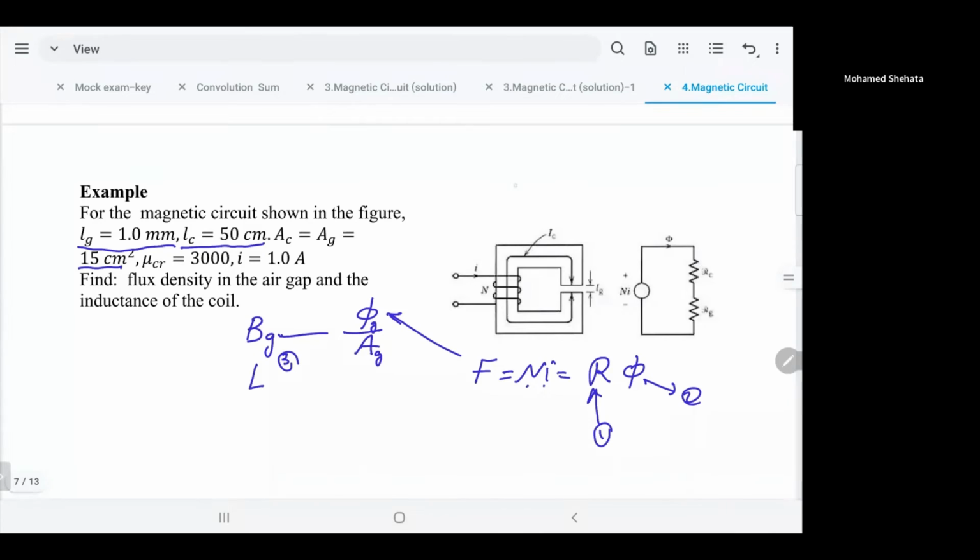Okay, N equals 400 turns. The equivalent circuit will help you to find phi.